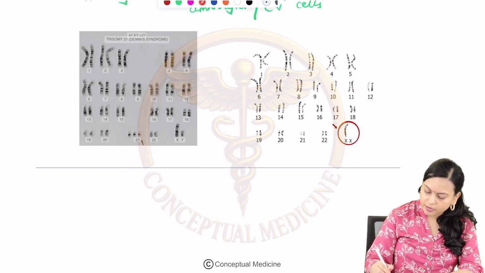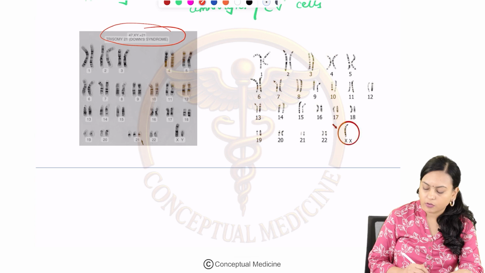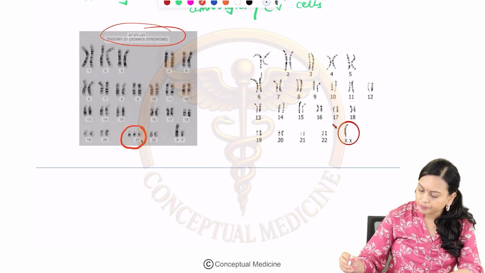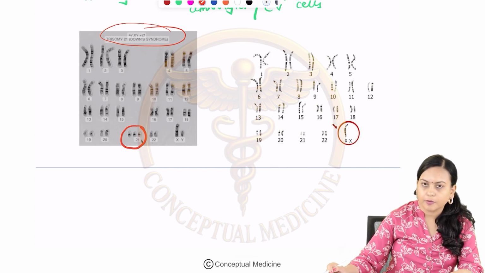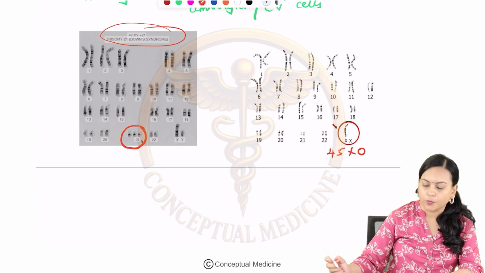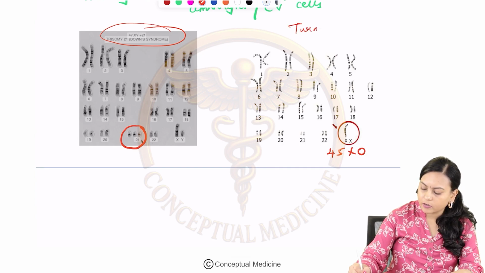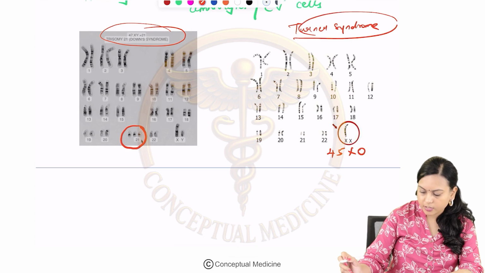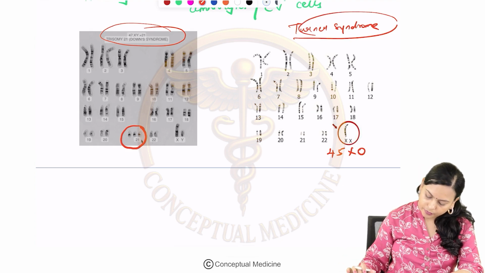See, this is a report of trisomy 21 or Down syndrome. If you see in the 21st chromosome, there is a trisomy. Okay. The same way, can you tell me what it is? One X chromosome is missing. That means it is 45X0. So this is a karyotyping of Turner syndrome. Okay. So this is how you will get a karyotyping report.